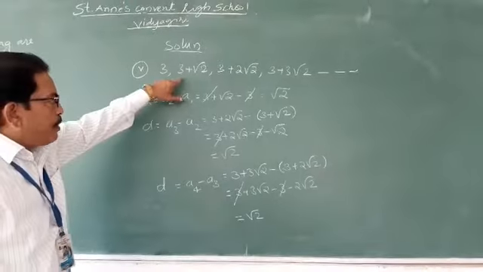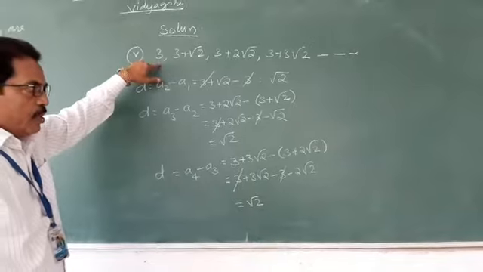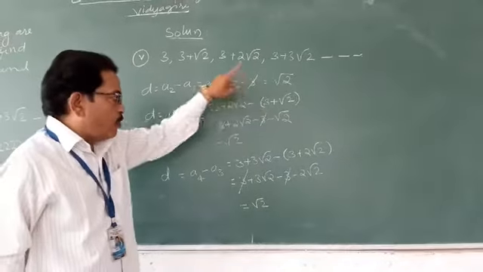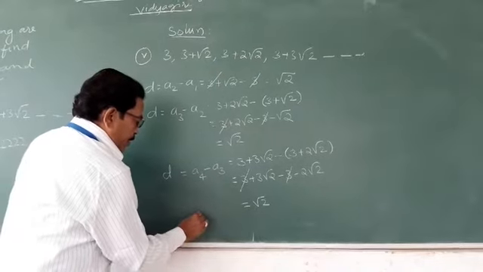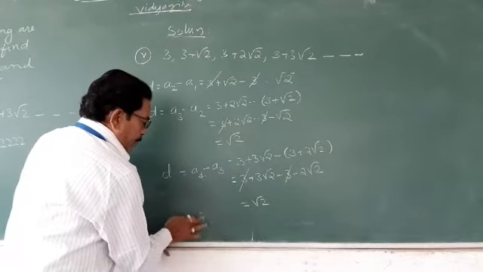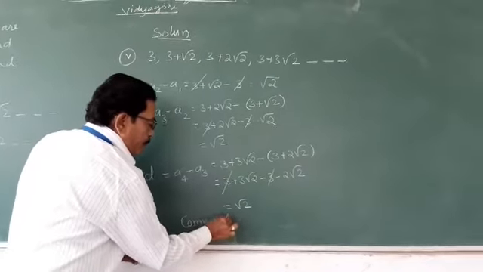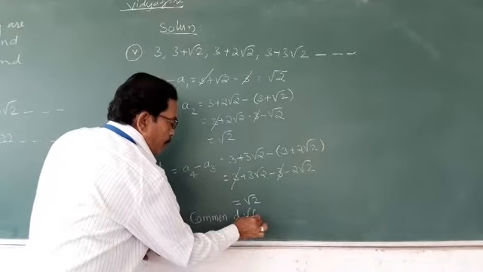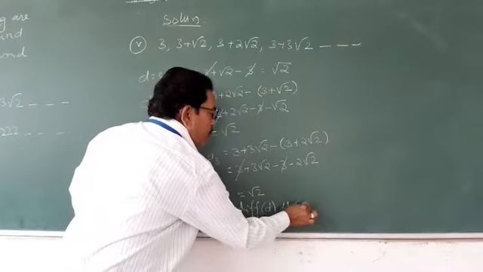See, by observing the common difference of these given values, it is constant: root 2, root 2, root 2. Therefore the common difference is constant.